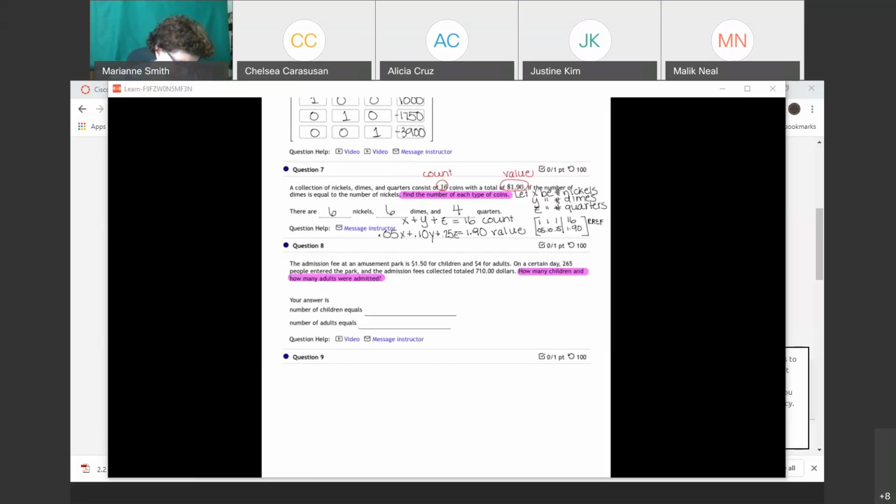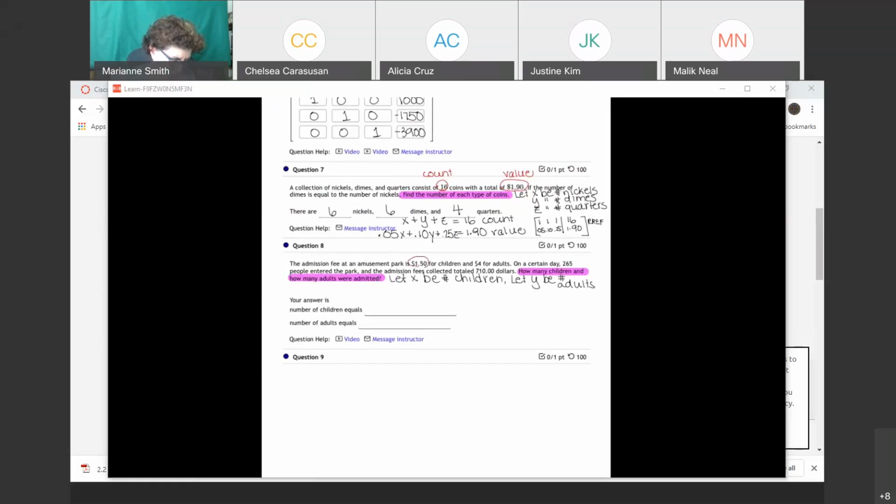So let's let X be the number of children. Let Y be the number of adults. Okay, and again, I have 2 pieces of information. Okay, they're giving me values.